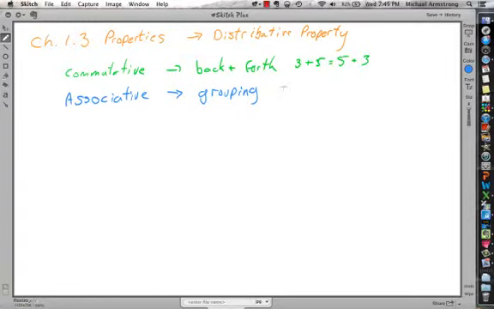A lot of times there's three numbers, 3 plus 4 plus 5. I think we used maybe this exact one, equals 3 plus 4 plus 5. And we used grouping symbols or parentheses in different places. And we remember that it doesn't matter how you group it. The answer is the same whether you start with 4 plus 5 or you start with 3 plus 4. You end up getting the same answer.